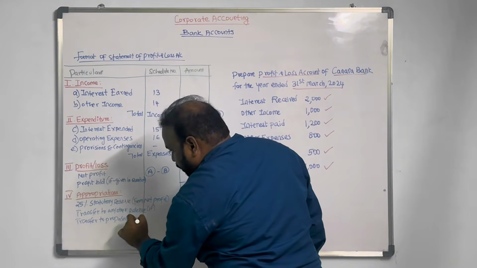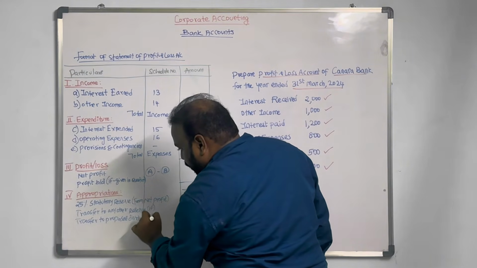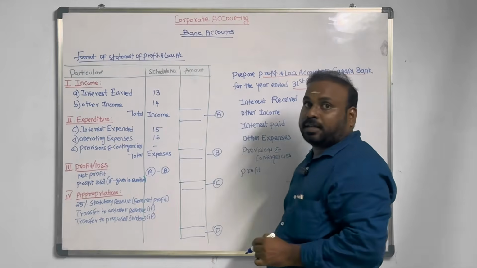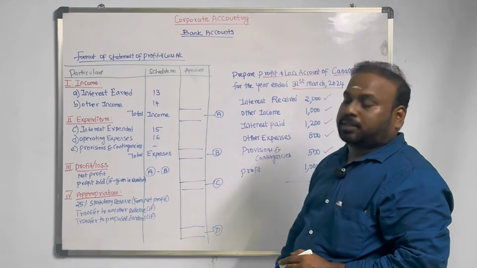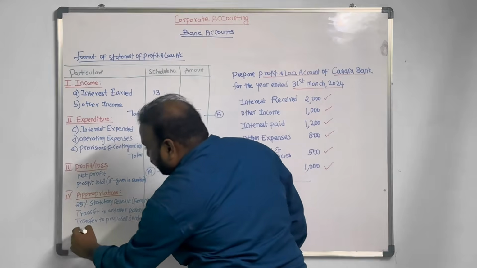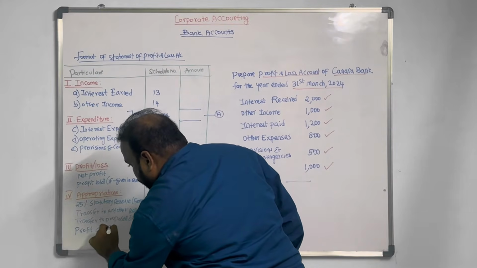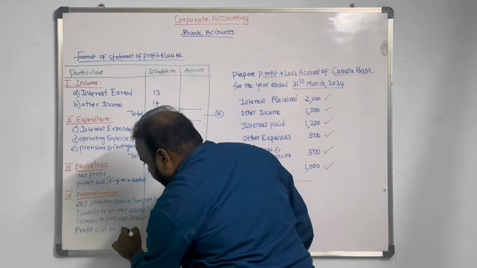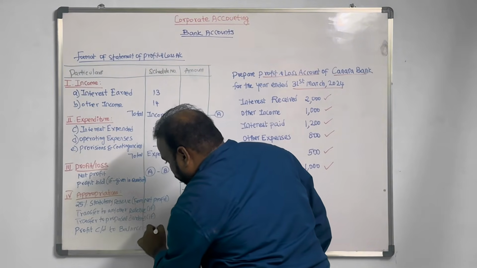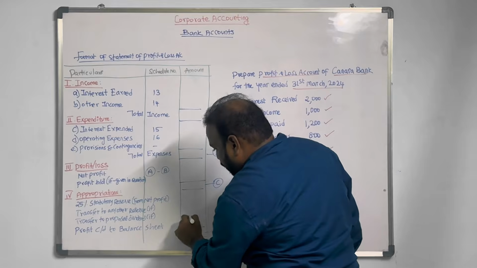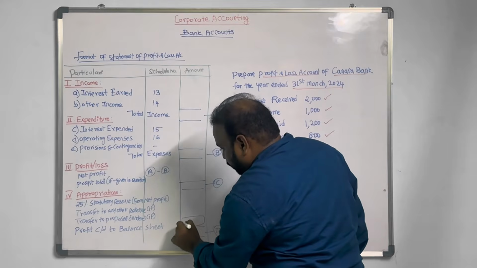Very rarely will you get transfer to any other reserve and proposed dividend. The last one is profit carried down to balance sheet. This is the balancing figure.